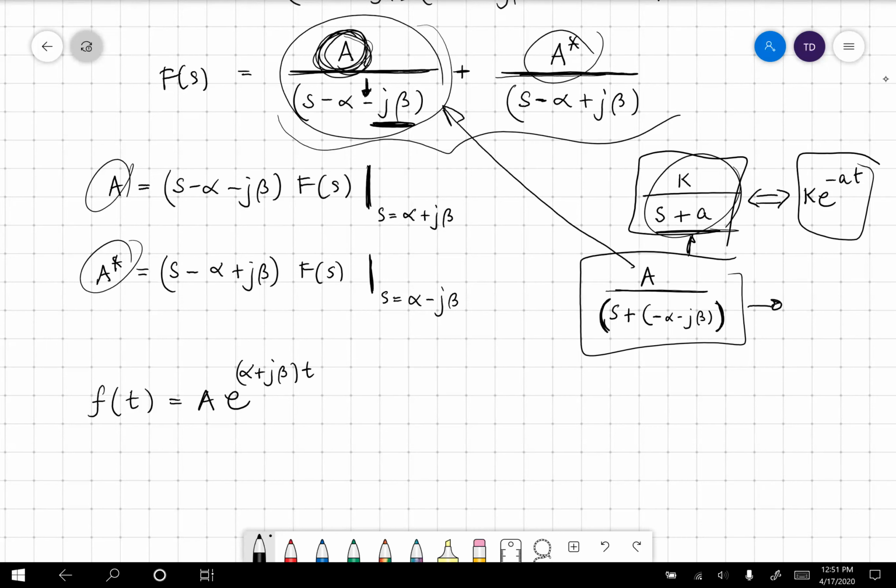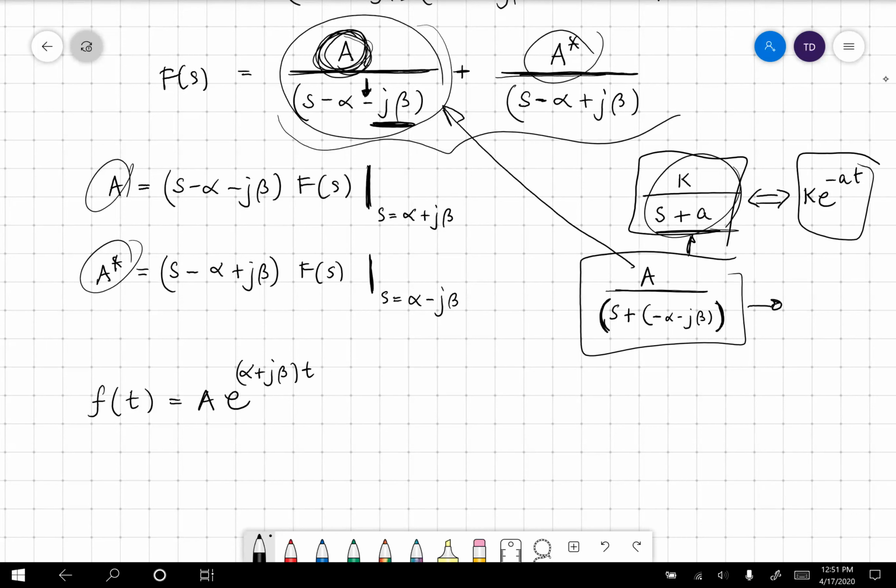But there's still an e to the j beta t. But over here, there's an e to the j theta A. So e to the j, I have beta t plus theta A. Take a look at that math. Convince yourself that I did that correctly. So I have all of the terms. I've just written them in a slightly different manner.